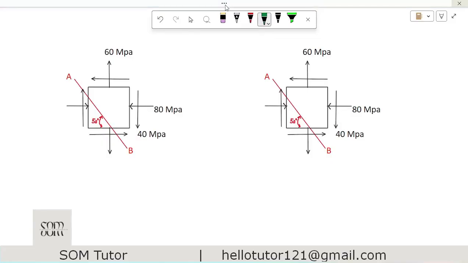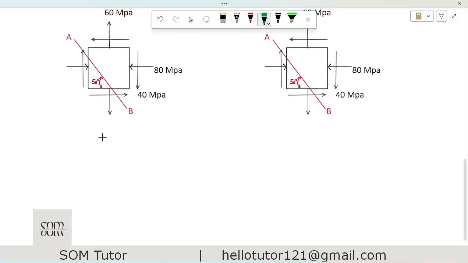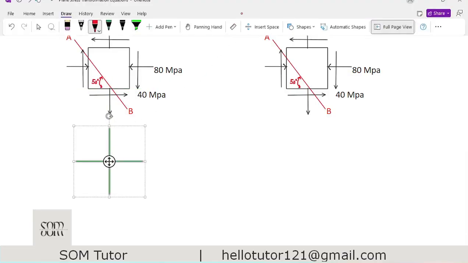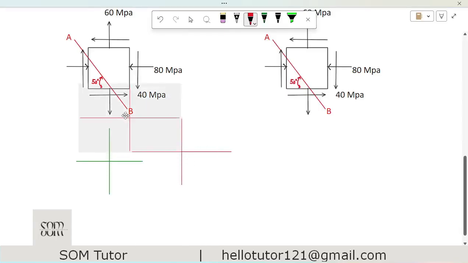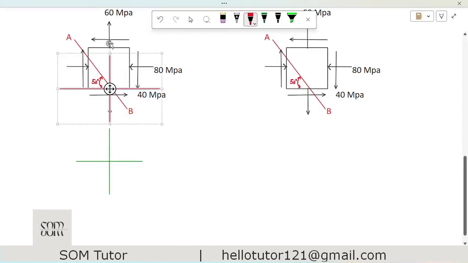So here I have shown these two. Let me first draw the original coordinate axis. Let us say this is the original coordinate axis, like this. I will draw it here for clarity, and let us draw the transformed coordinates. It is like this, which is clockwise 50 degrees.